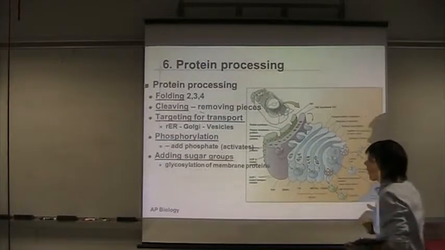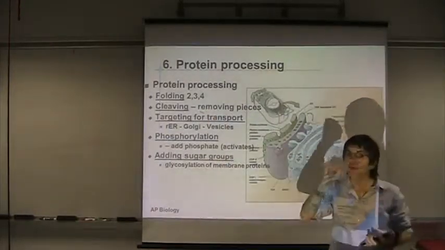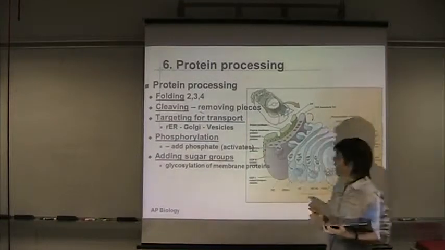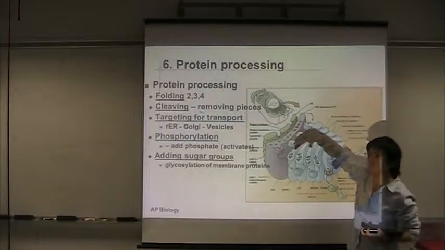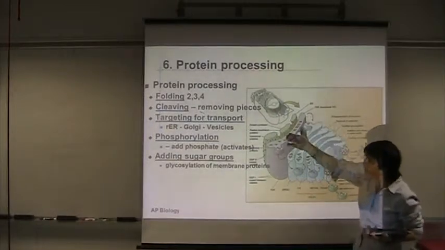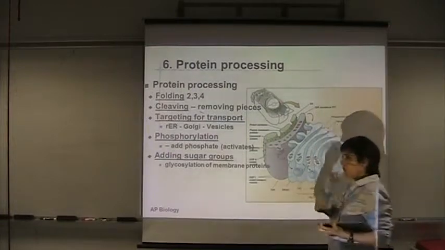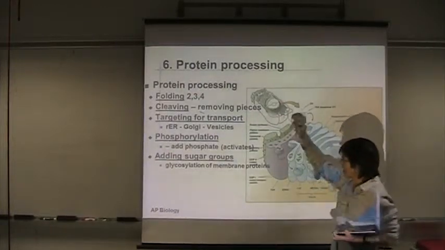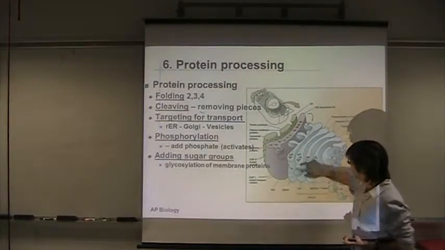So, we have the folding that still needs to happen, and the conditions for the folding have to be right. If you look at this diagram, a lot of these proteins are going to be made in the ER. Remember that there is that signal peptide, the first few amino acids that allow the protein and the ribosome to move to the ER.